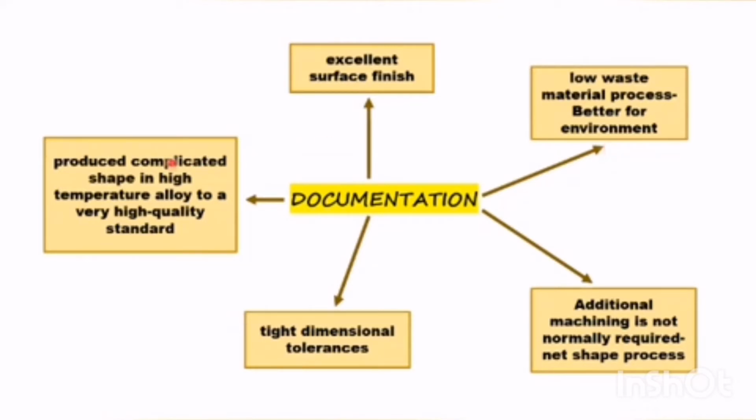And lastly, the process was chosen because investment casting is the only metal casting process that can produce complicated shapes in high temperature alloy to a very high quality standard.